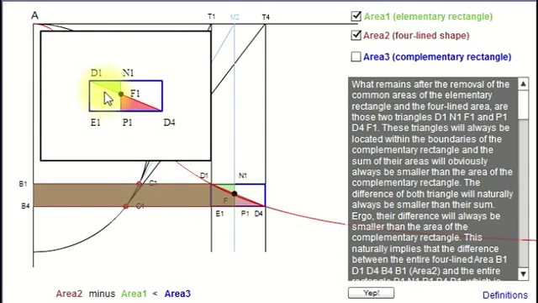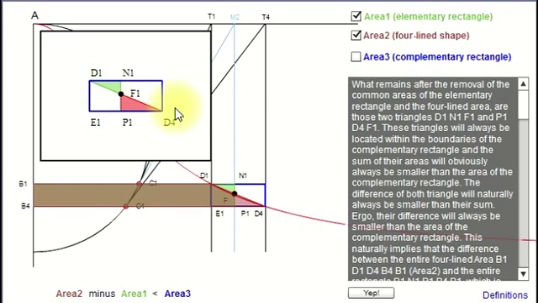and we will get these two triangles, the triangle D1, N1, F1, which is the remaining part of the elementary rectangle, and the remaining part of the quadrilinear shape being the triangle of P1, F1 and D4.